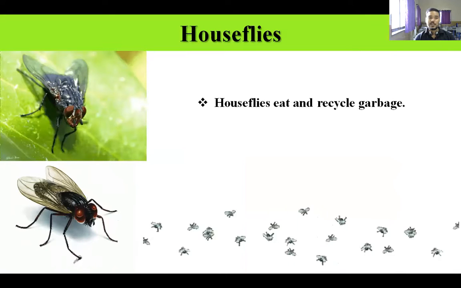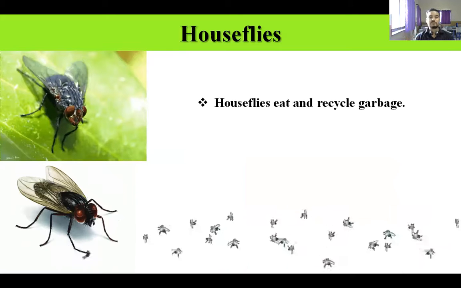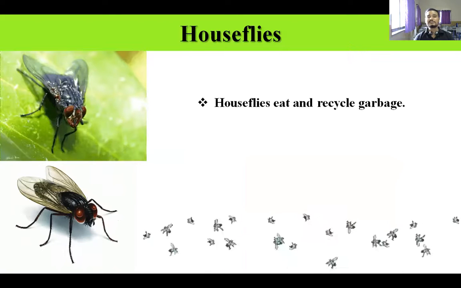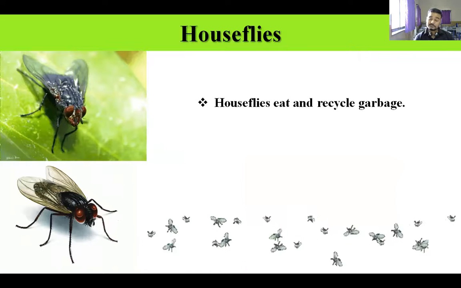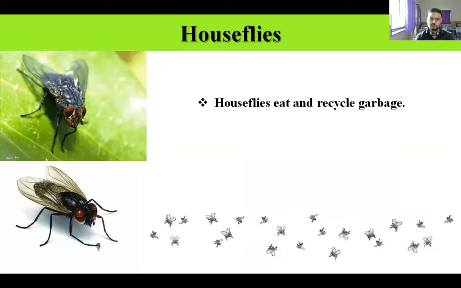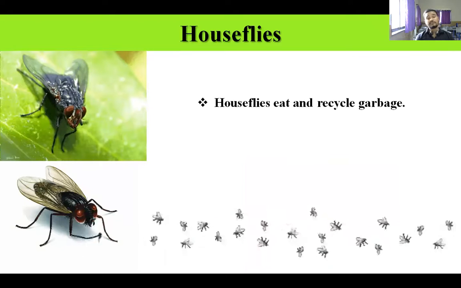Now house flies, whenever you see some sweet dishes or other dishes, you will see these kinds of flies roaming here and there. But how are they useful to us? So house flies eat and recycle garbage.